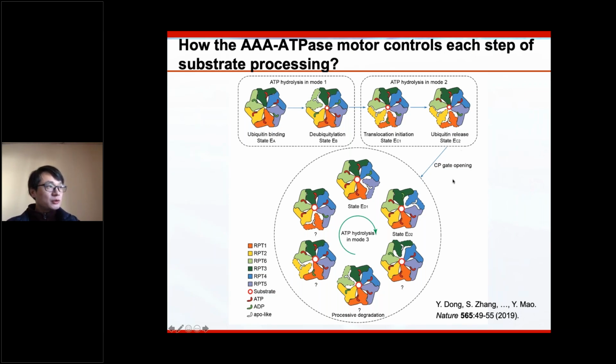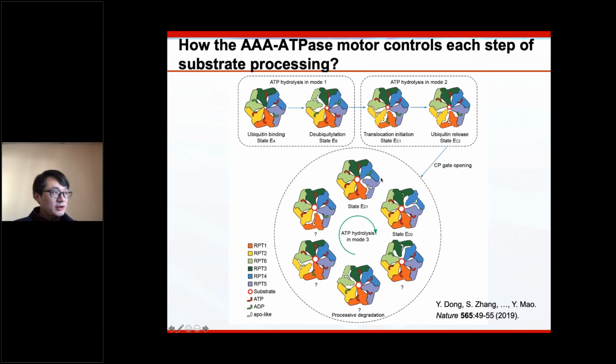Once the core particle gate is open, then we believe, as many other publications illustrated, that it looks like only 1 ATPase is hydrolyzing at a time, followed by exchanging of the nucleotide.